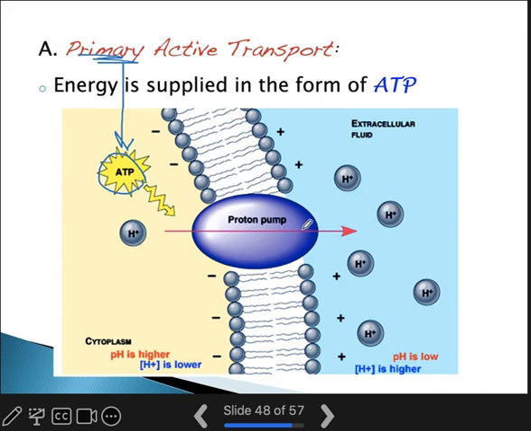It needs a protein, and so this is a protein channel, but not just a channel, it's a channel that's going to force hydrogen up its concentration gradient. That's referred to as a pump. Even though it's a channel, it's an active channel that's utilizing energy in ATP to push hydrogen up its concentration gradient. So this would be an example of primary active transport.